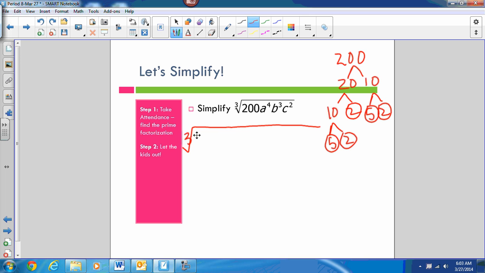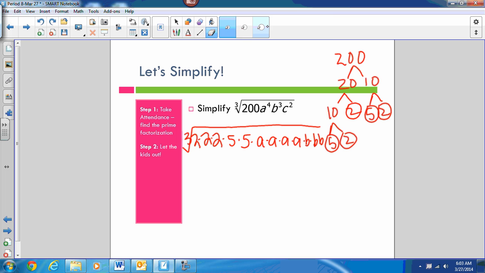1, 2, 3, so I have 3 2's. So there's my 3 2's. Trying to put dots in between is not easy on this. Times 5 times 5 times A times A times A times A times B, B, B. I'm going to erase this a little bit.